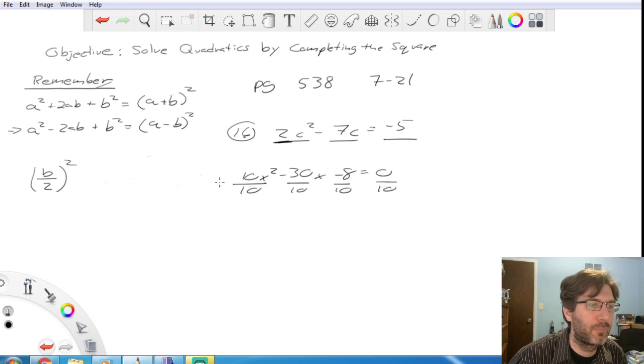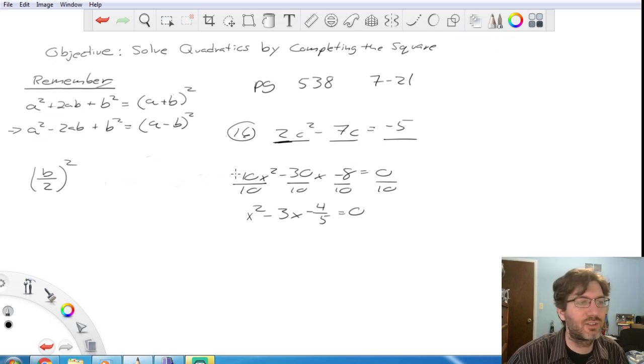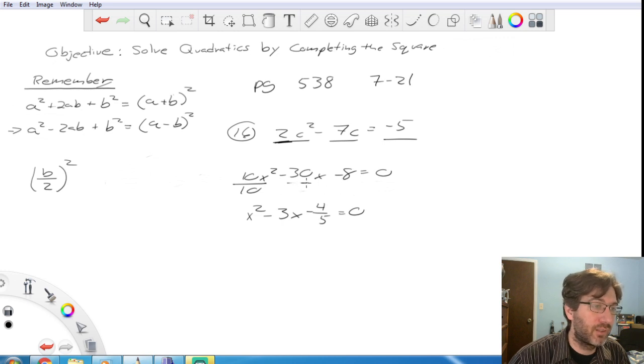Equals 0. Right, that would still have given me my x squared minus, and then this would give me my -3x. This here would give me -8/10, which reduced down to, what is that? Was it 4/5? Yeah, -4/5 equals 0. So you get the same step. Based on what I taught you already, you probably should have noticed that you can factor out a 2 from that.